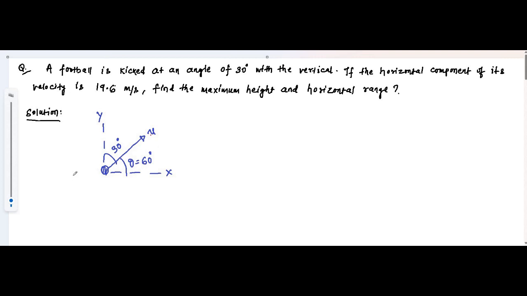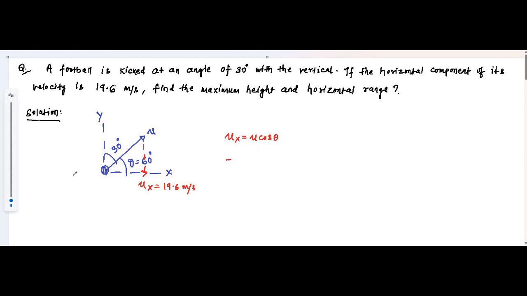Now it is given that the horizontal component of the initial velocity, ux, is equal to 19.6 meter per second. So ux, we all know, is equal to u cos theta.